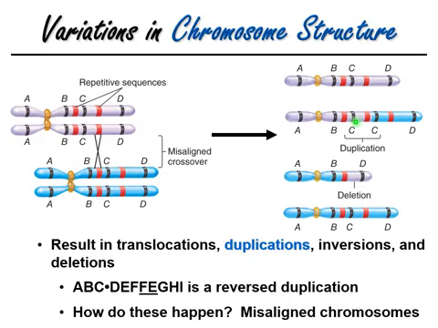But if we use this, then we have a duplication. If we use this chromosome, just by chance, that's the chromosome that ends up in the gamete that ends up being involved in fertilization, then that is how a deletion occurs. So we actually described how we come up with duplications and deletions in trying to figure out how duplications occur with misaligned chromosomes.